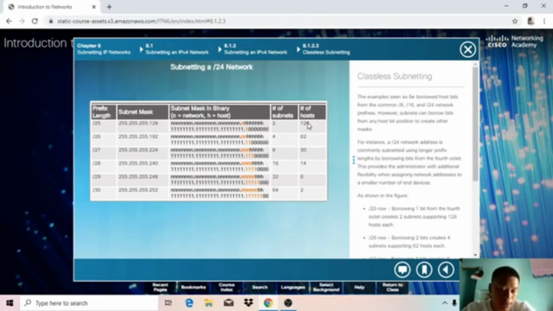This is the number of subnets. Can we see they multiply by themselves? For example, 2 times 2 is 4, 4 times 2 is 8, 8 times 2 is 16, 16 times 2 is 32, and 32 times 2 is 64. They multiply by 2s. And this is the prefix length.